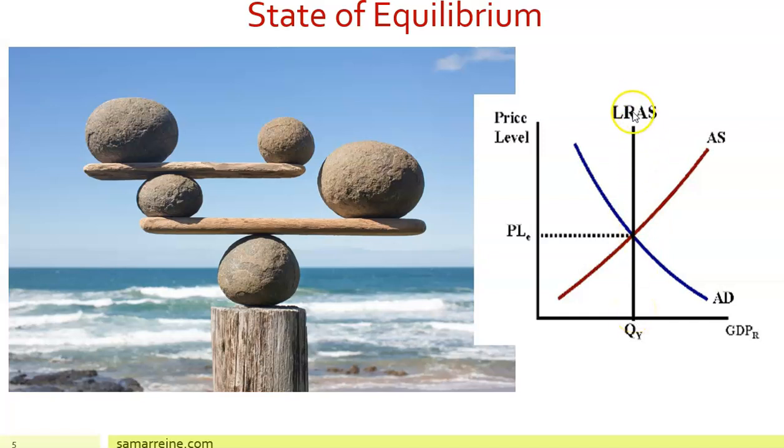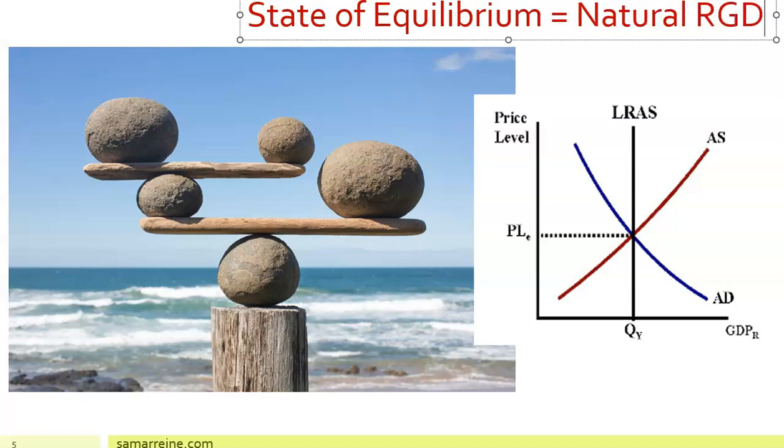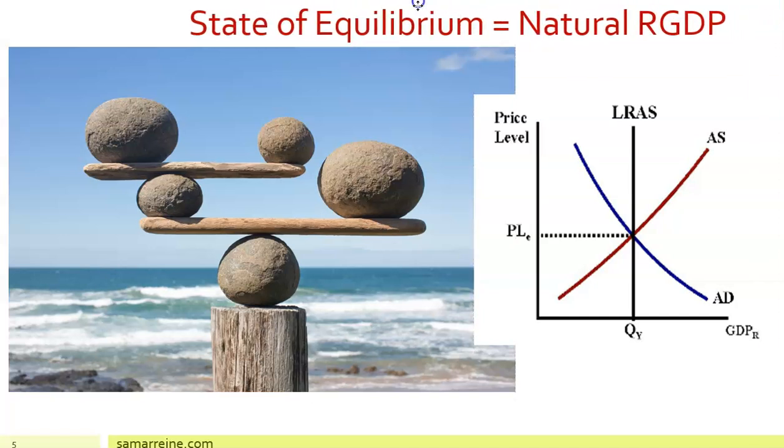So when the long run aggregate supply curve happens to intersect where the short run aggregate supply and the short run aggregate demand curve overlap right here and they form this perfect intersection, this is known as equilibrium or the natural real GDP. You know what? I'm gonna add that. The natural real GDP.